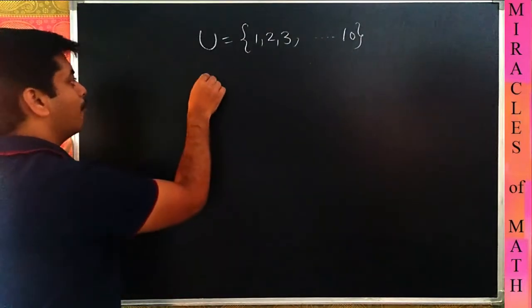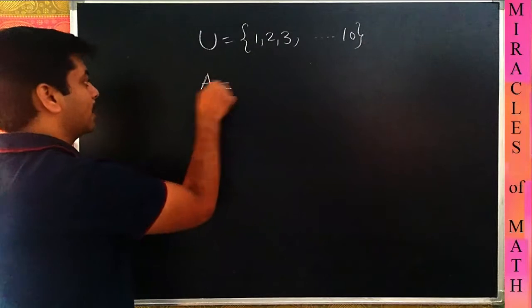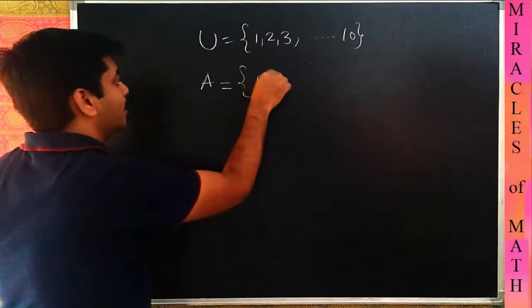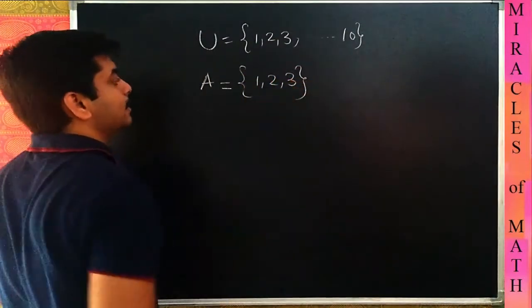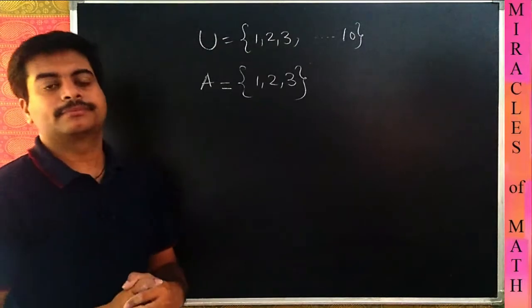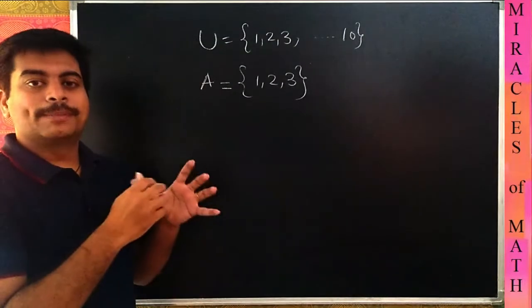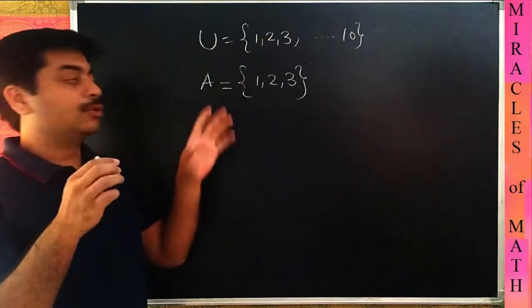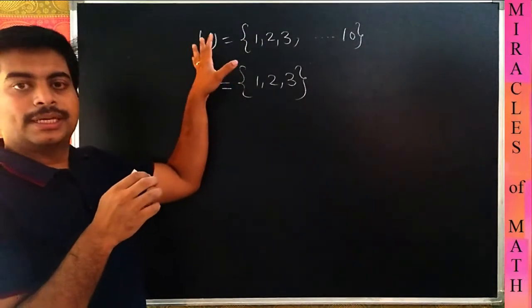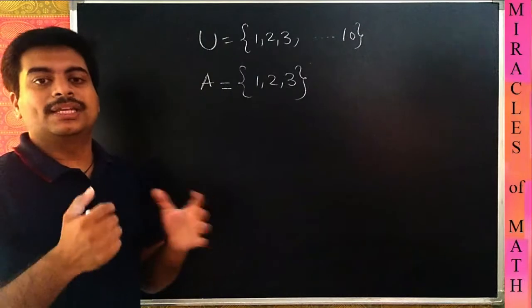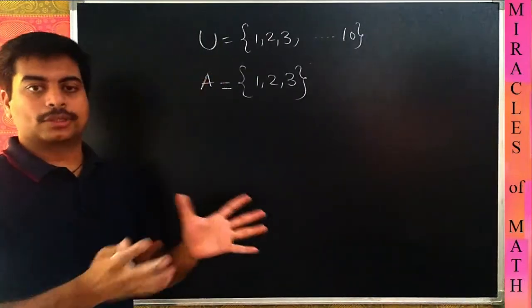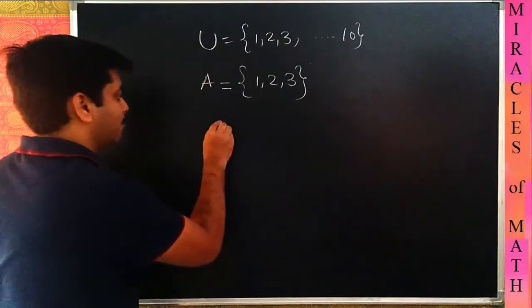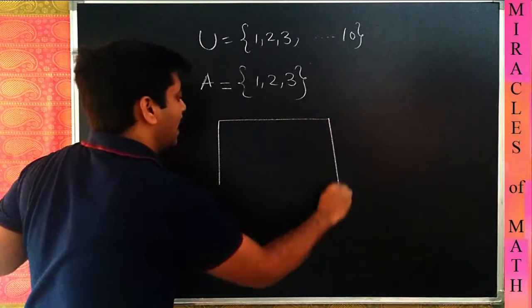And in that, I want to write the set A, which has only the first three natural numbers, that is 1, 2 and 3. How to represent this: treat the universal set as a big box.